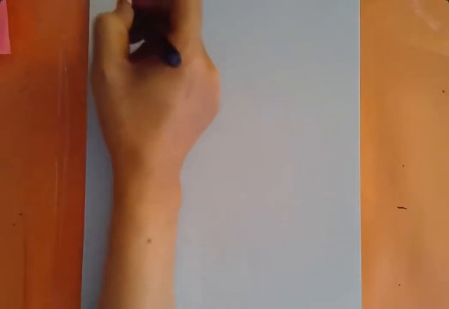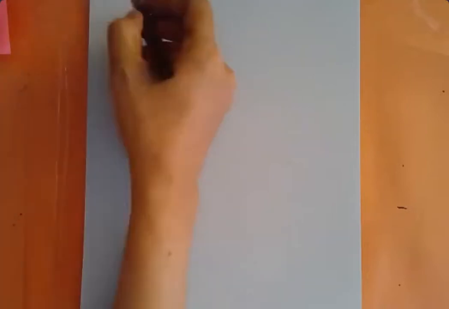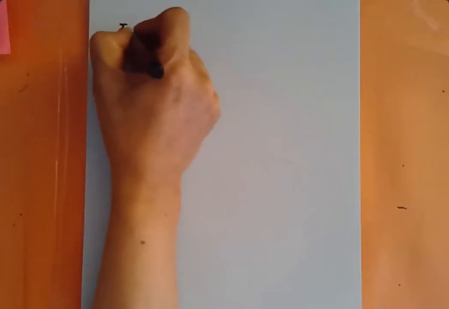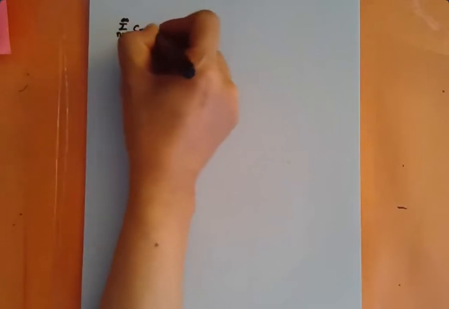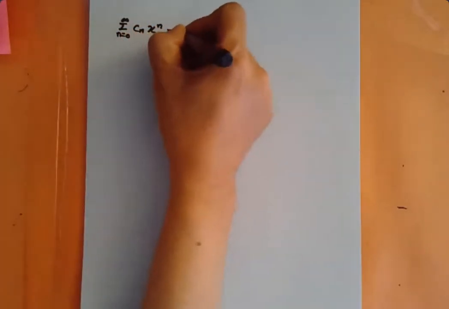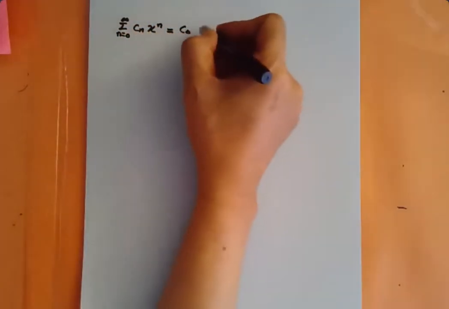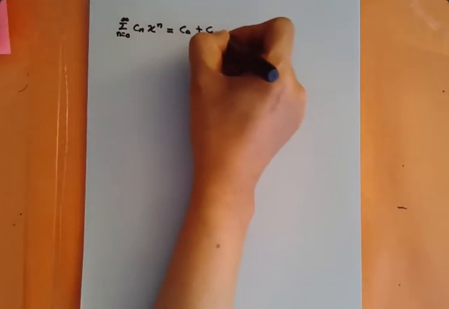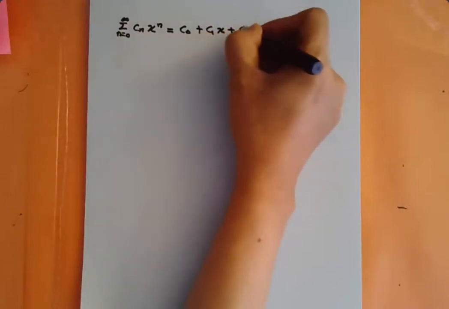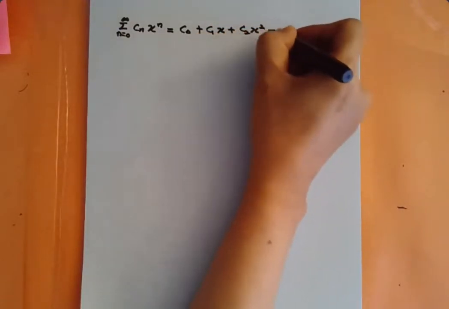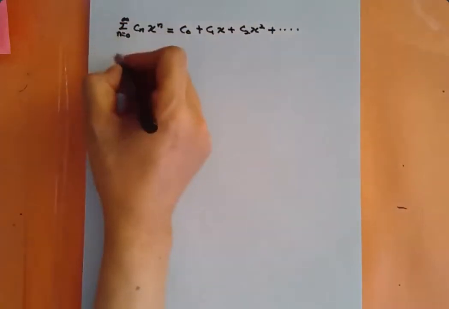Last time we started power series. A power series looks like the summation n equals 0 to infinity of Cn x to the n power, so it can be expanded like C0 plus C1 x plus C2 x squared and so on.